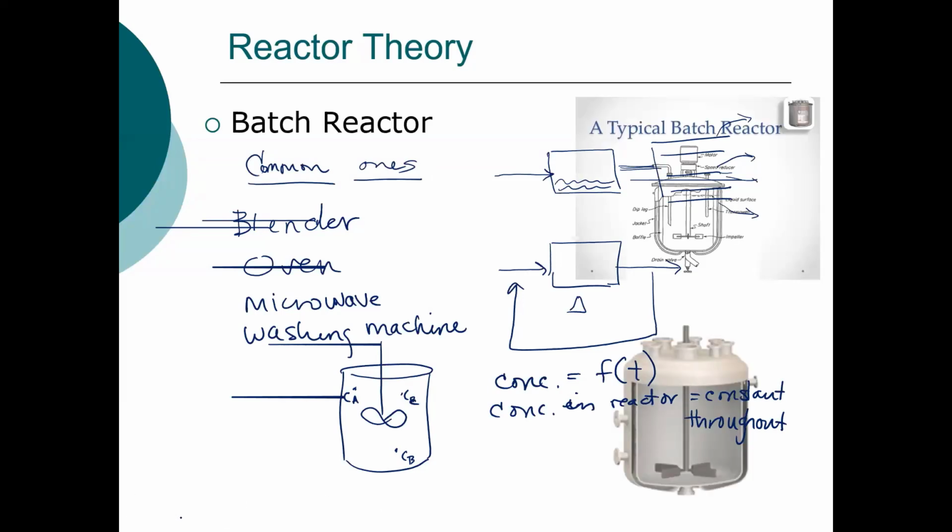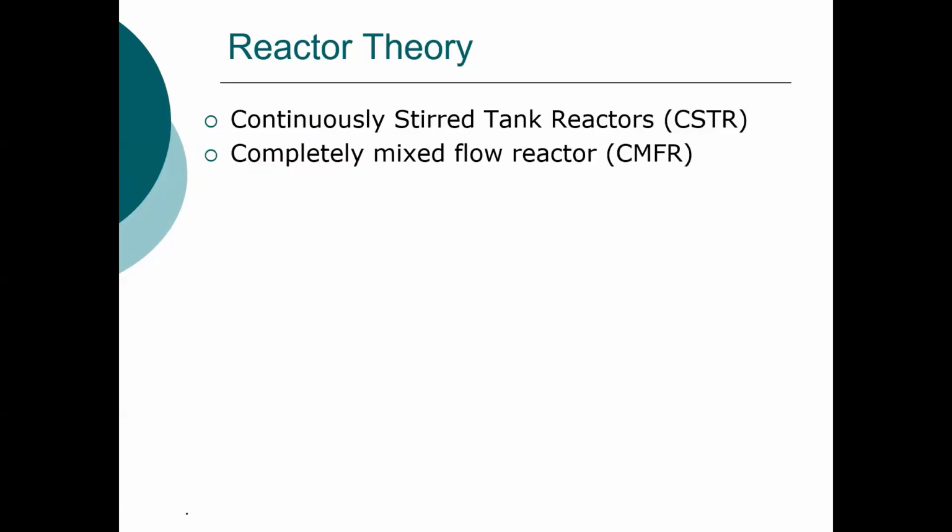Now, we can also talk about a CSTR. Now, this gets into your septic system, which is not quite a CSTR, but we have flow in and out. So this is the big difference. So we can take the same sort of reactor that we had before. So that's our batch reactor.